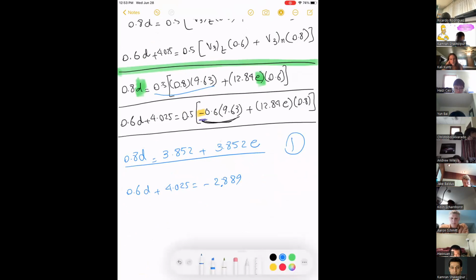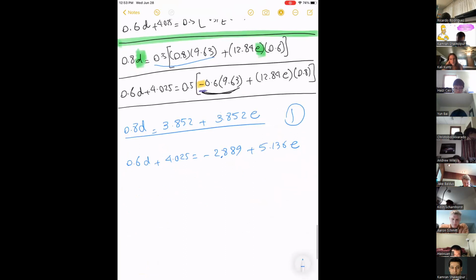And then here we're going to get plus 5.136 E. Now, I'm going to calculate D from here.